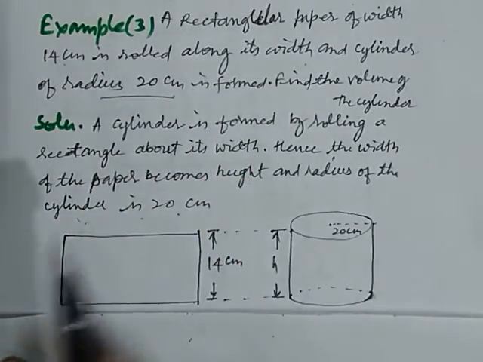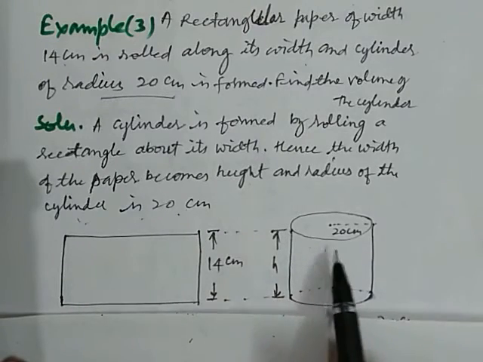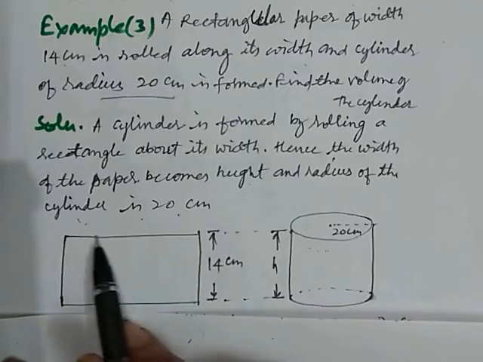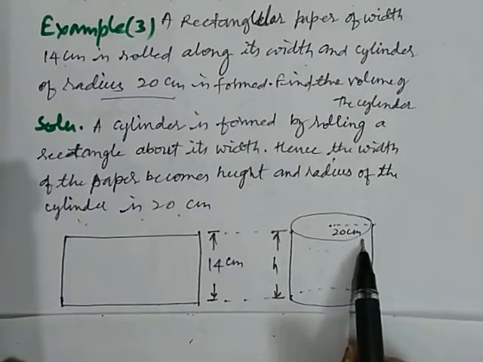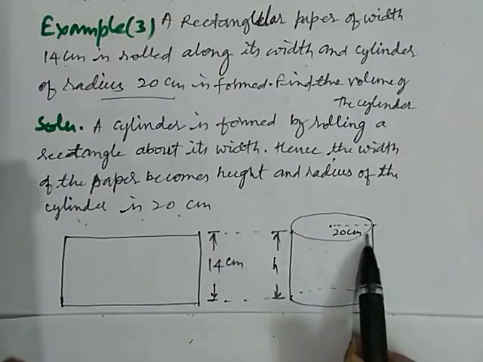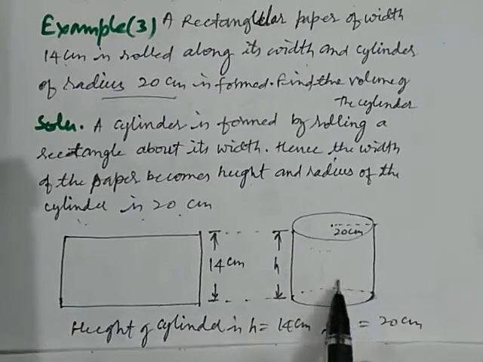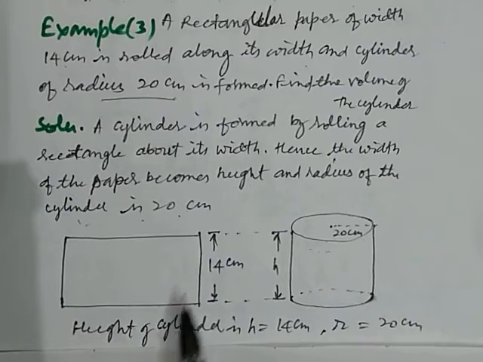This is the width, and it is rolled along this. So this width becomes the height of this cylinder, and this other dimension forms the periphery of this cylinder, that is, the circumference of this cylinder.